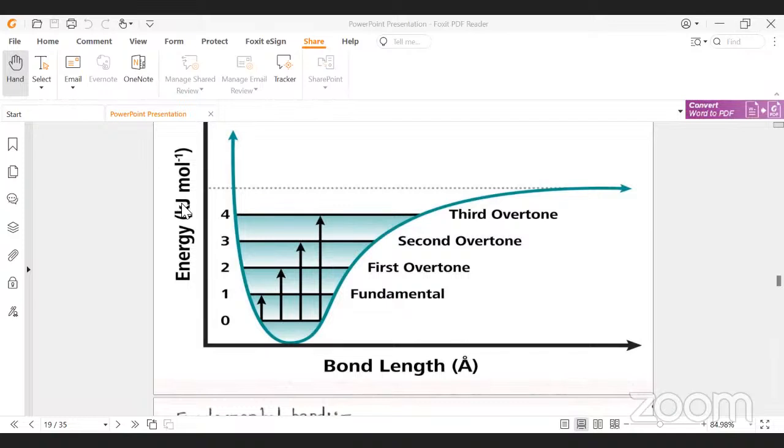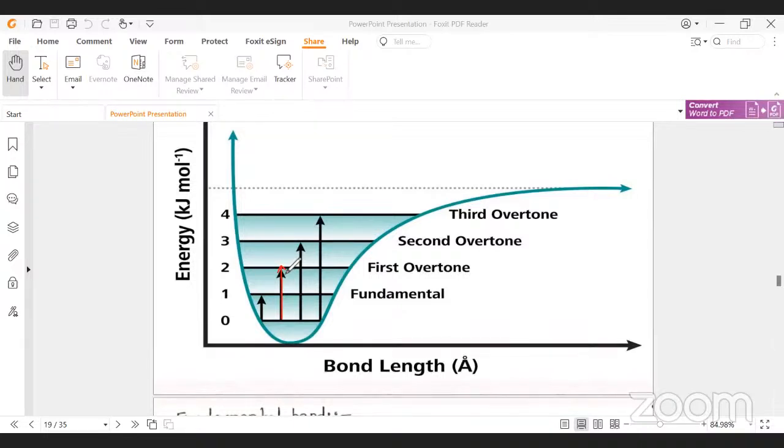This band occurs with a small intensity. This band is known as the first overtone band, the transition from V0 to V2.